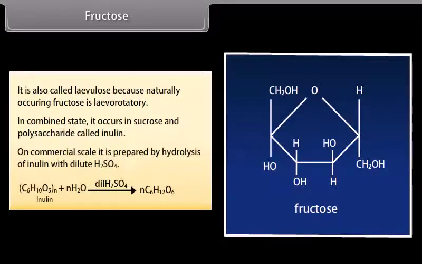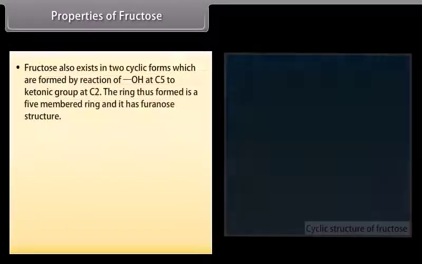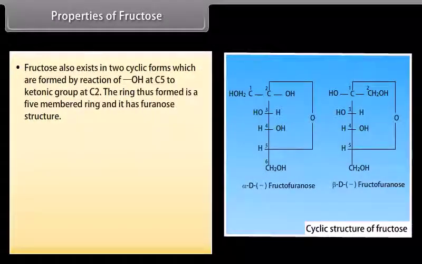On commercial scale, it is prepared by hydrolysis of inulin with dilute H2SO4. Properties of fructose. The important properties of fructose are the following. It also exists in two cyclic forms, which are formed by reaction of the OH at C5 with the ketonic group at C2.